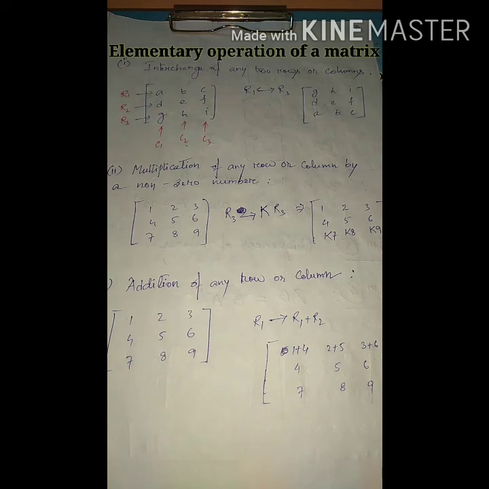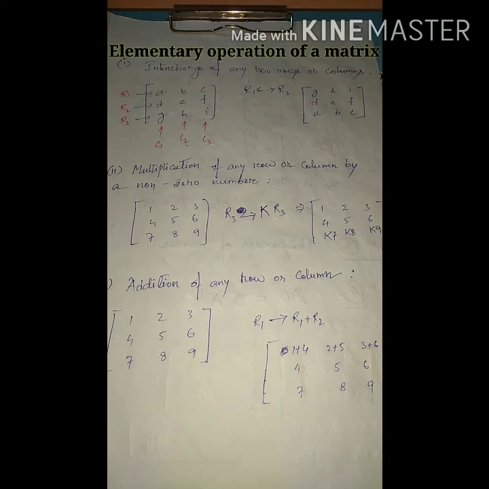Mainly there are 6 operations, 3 for rows and 3 for columns. Here we transform the elements, that's why it is known as elementary operation or transformation. So mainly 3 operations we have to do.